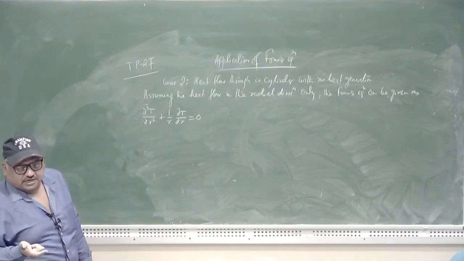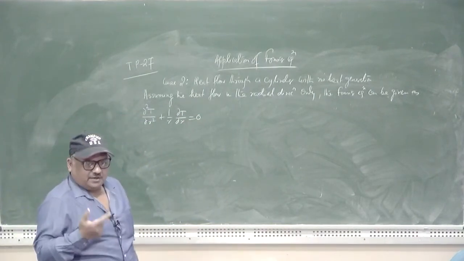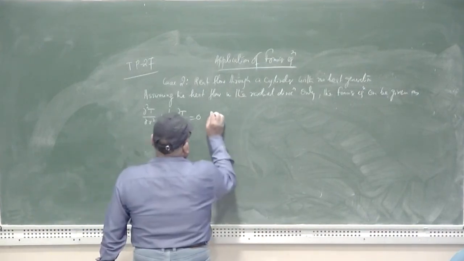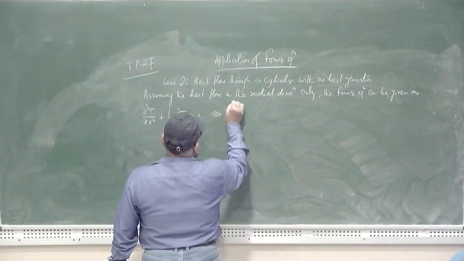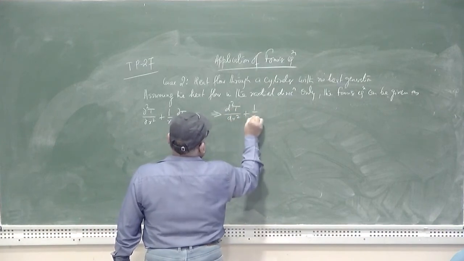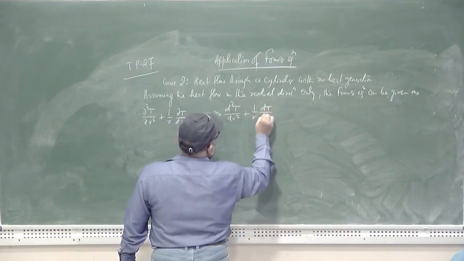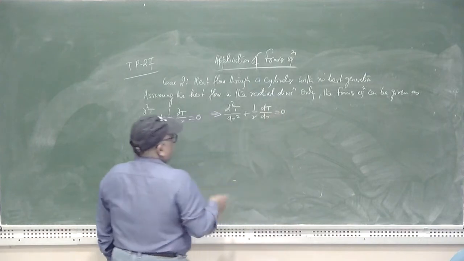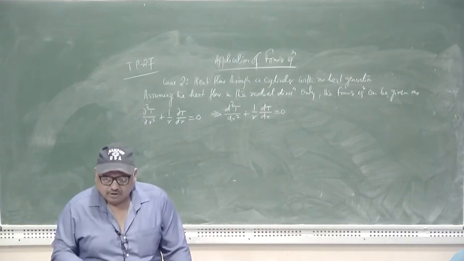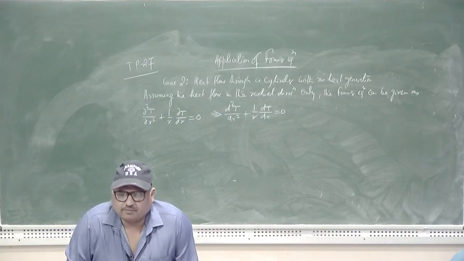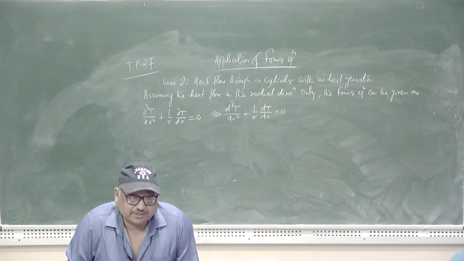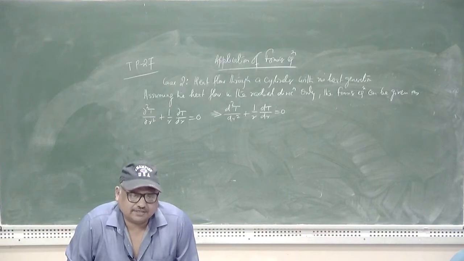Since the heat flow is taking place in the radial direction only, we are considering the r direction only, so this partial derivative can be accordingly changed into the normal derivative. So d2T by dr2 plus 1 by r dT by dr is equal to 0. The solution of this differential equation, through utilization of the boundary conditions therein, you can arrive at the temperature profile in the cylindrical system.